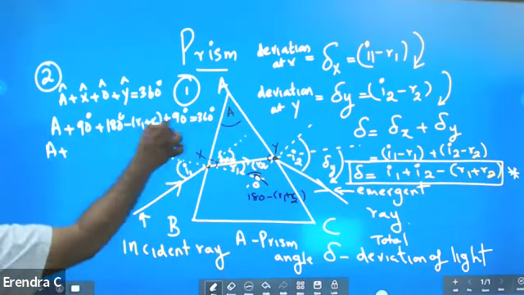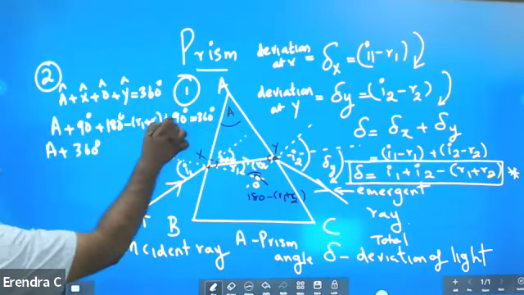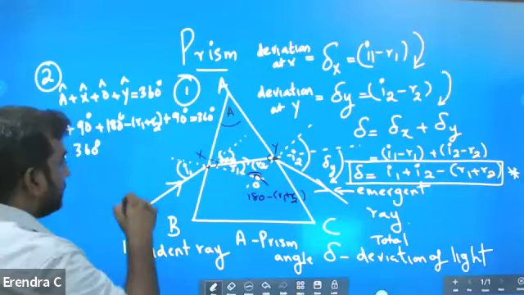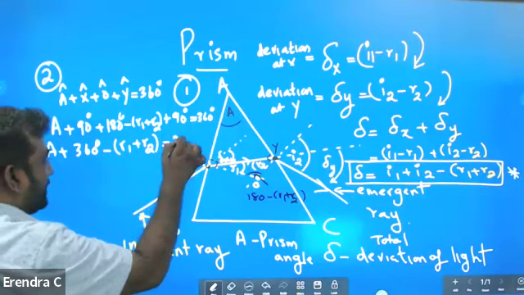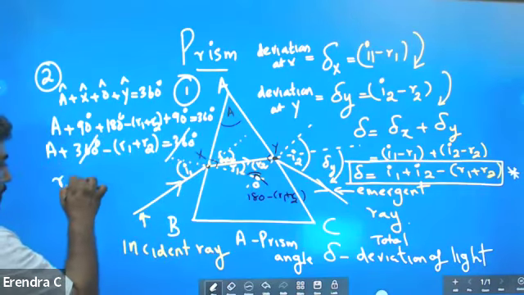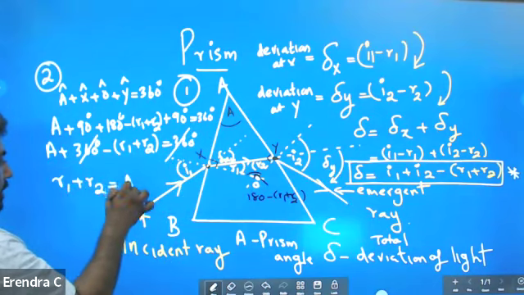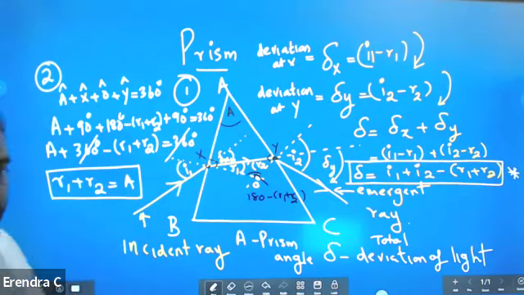A plus 90 plus 90 is 180, 180 plus 180 is 360, minus (R1 plus R2), that is equal to 360. The 360s cancel off. R1 plus R2 is equal to the prism angle.